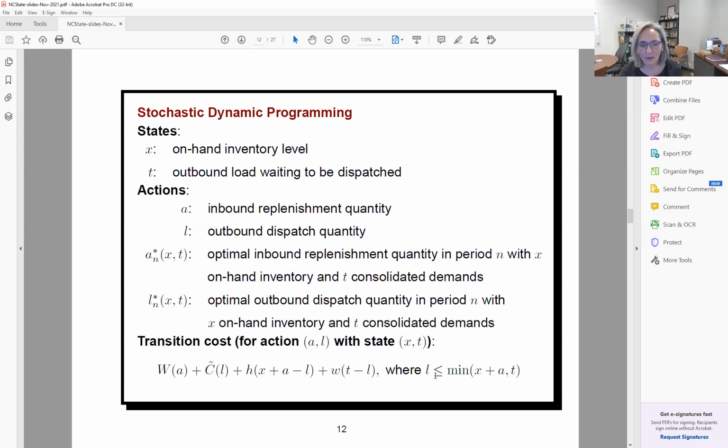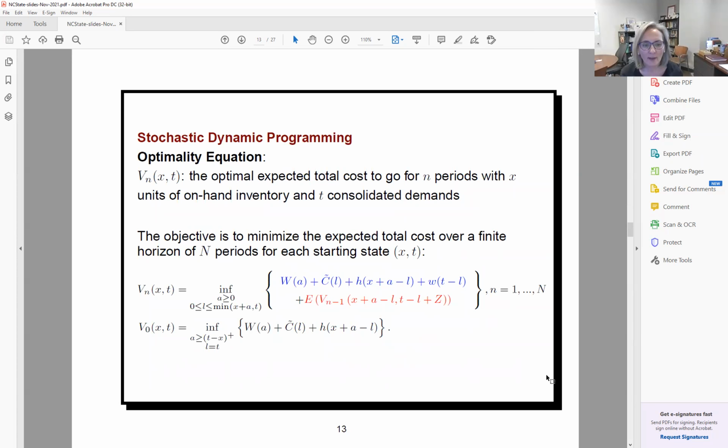And clearly, our dispatch quantity cannot exceed the available supply or the available quantity consolidated. This is a natural constraint on that decision variable.